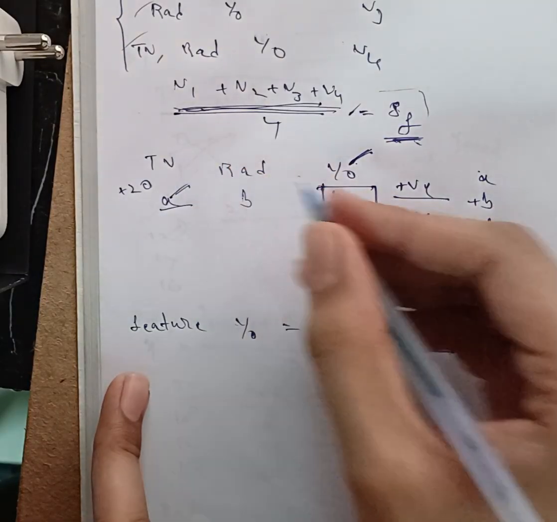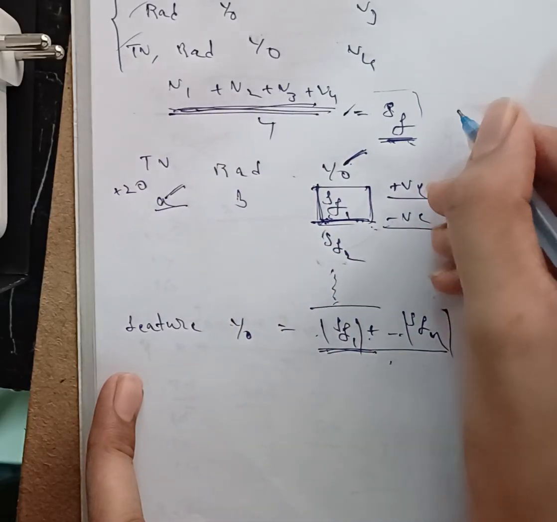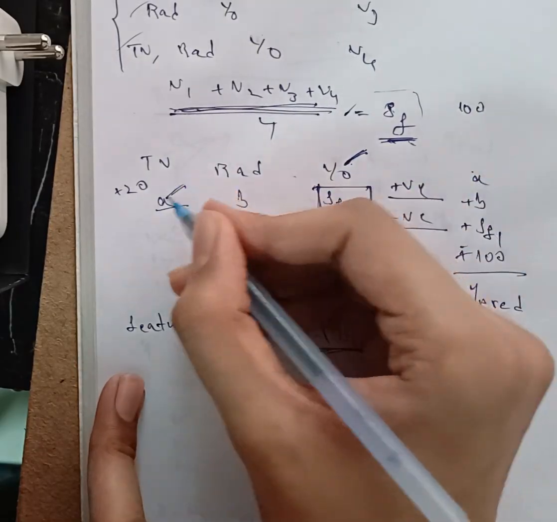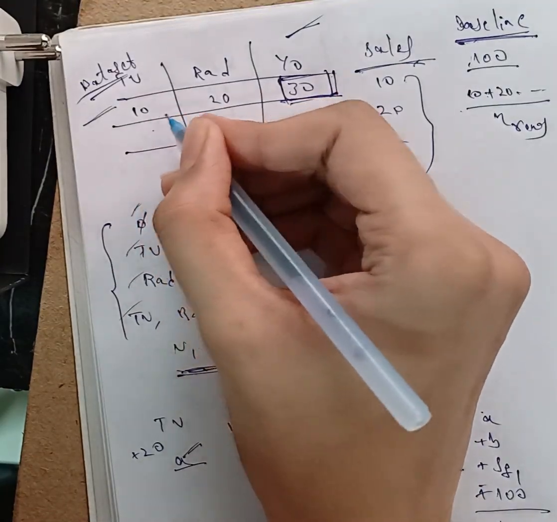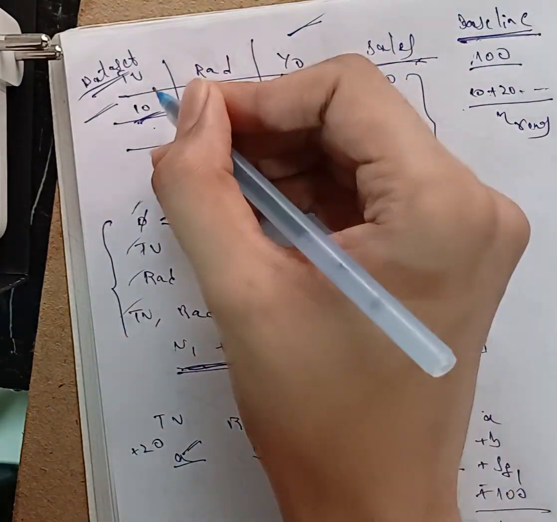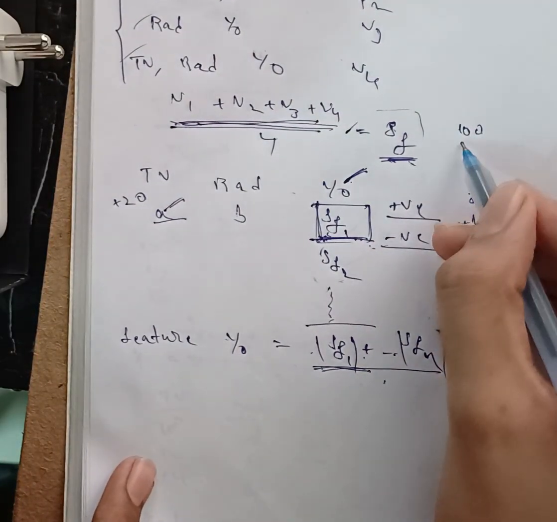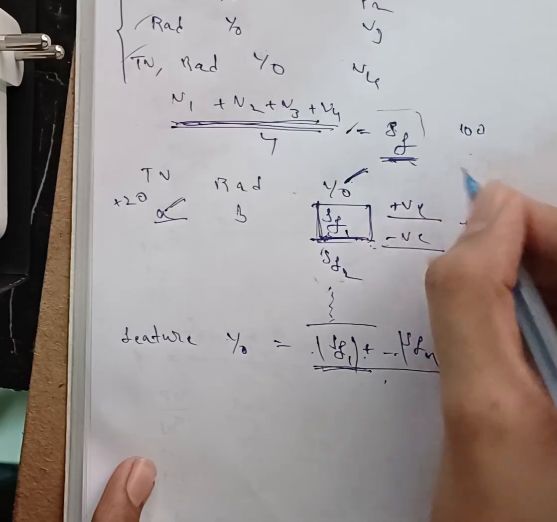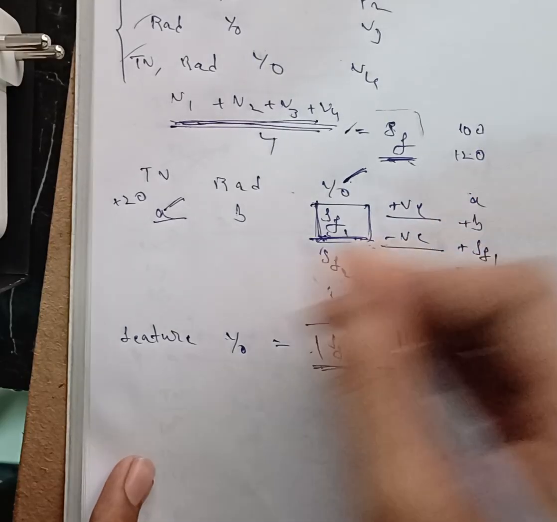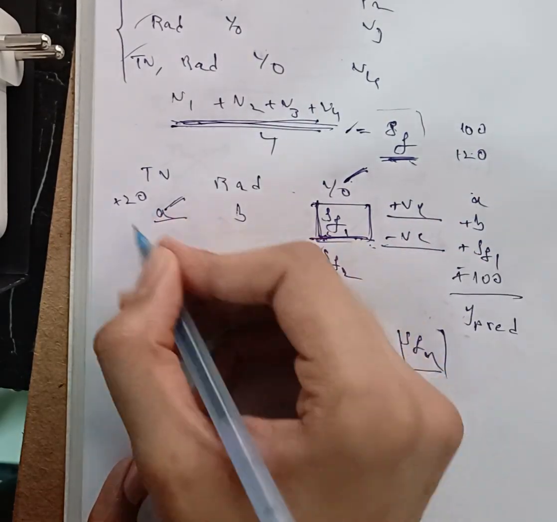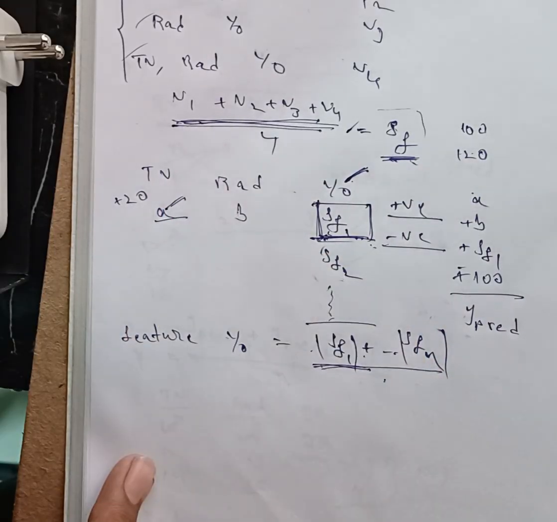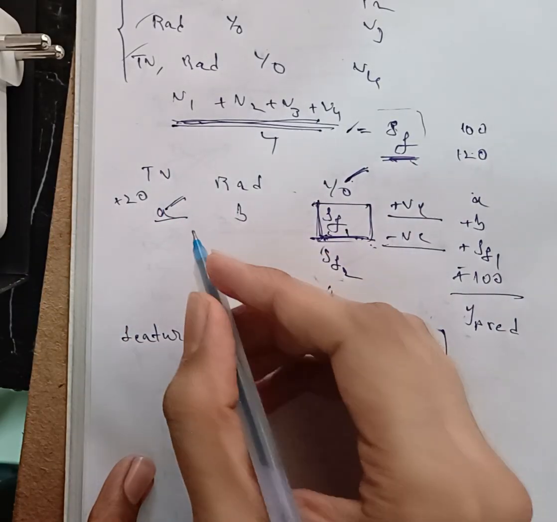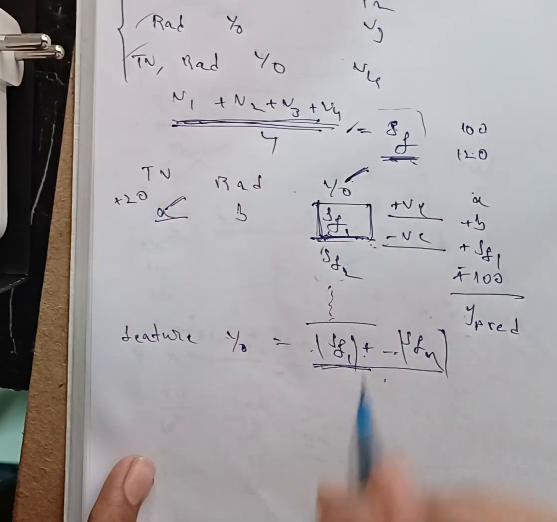Let's say the baseline prediction is 100. Due to this particular input feature, just because we are including this, it increased the baseline prediction from 100 to 120. This is what the SHAP value signifies.